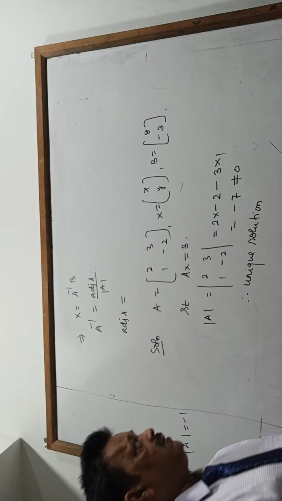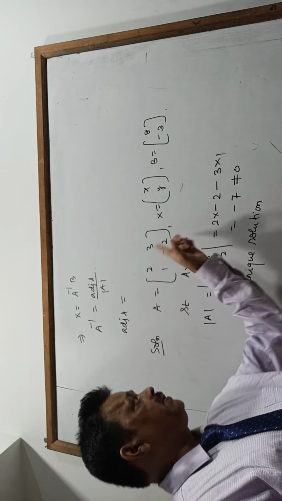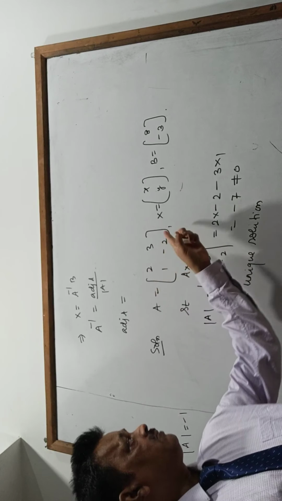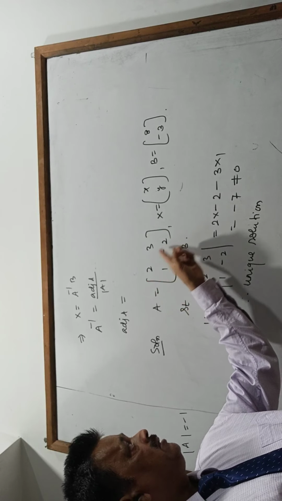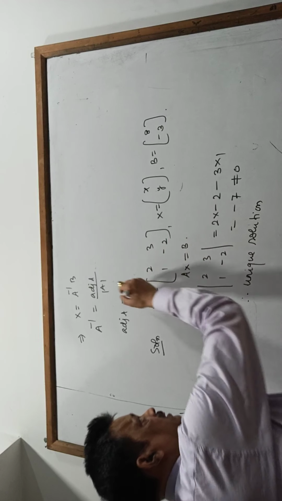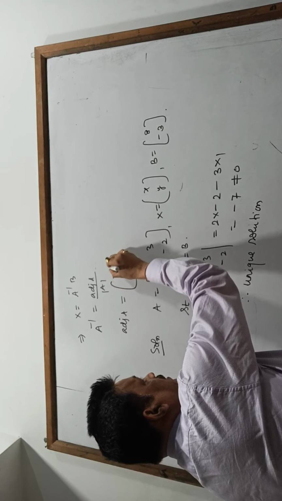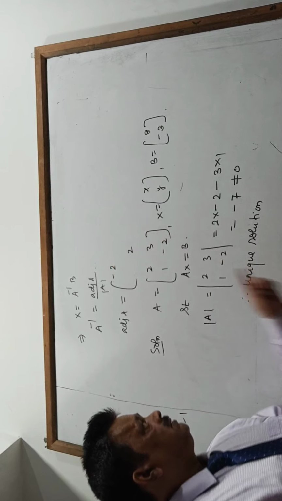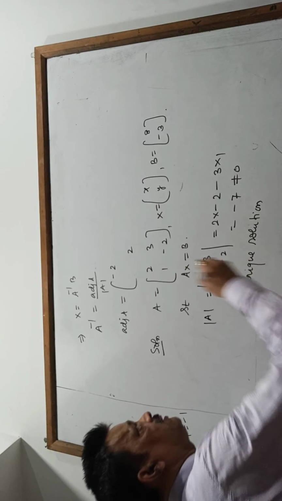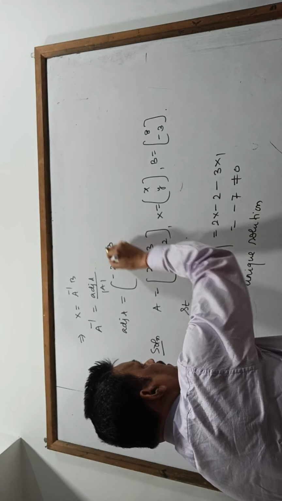I have told you earlier. So for 2 by 2 matrix, directly you can find out. That is, interchange the places. So what will you get? Minus 2, 2. Change the sign. So that will be minus 3, minus 1.